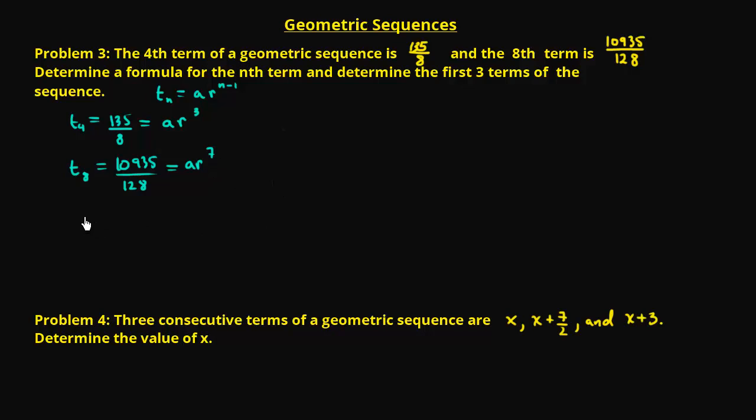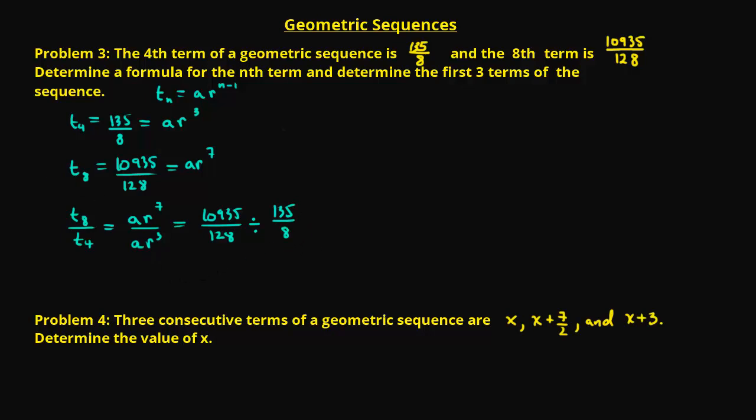Now, notice what happens if I divide the eighth term by the fourth term. The eighth term divided by the fourth term is going to be ar to the power of 7 divided by ar to the power of 3. And this has to be equivalent to 10,935 over 128, divided by 135 over 8.